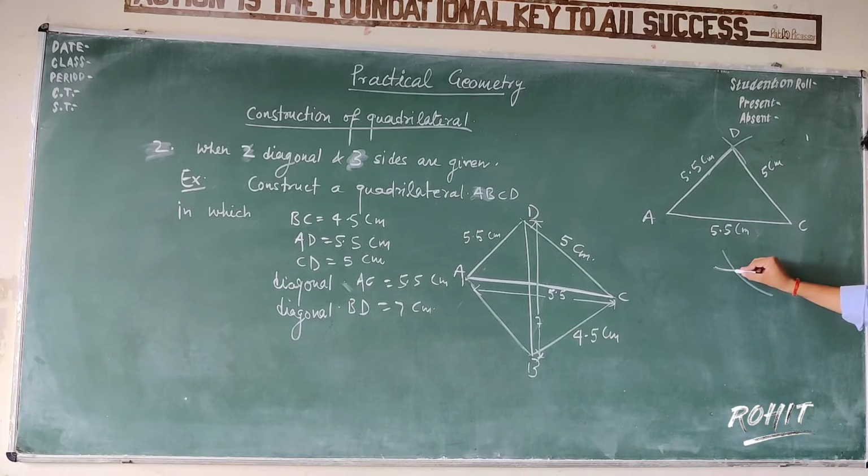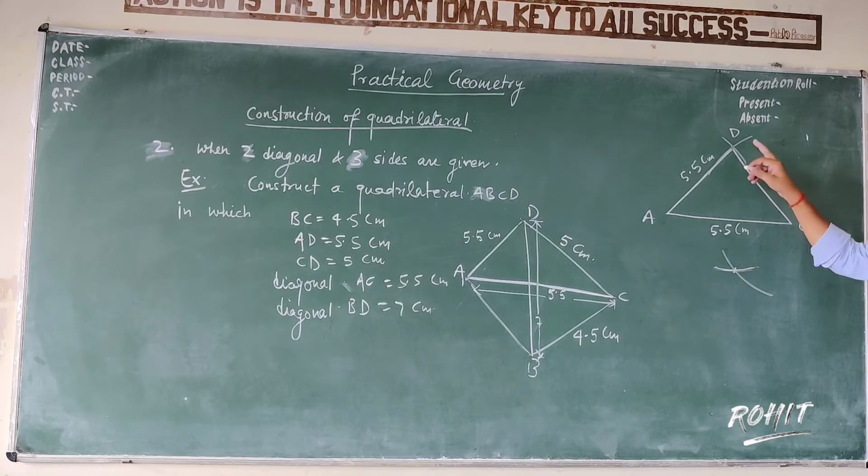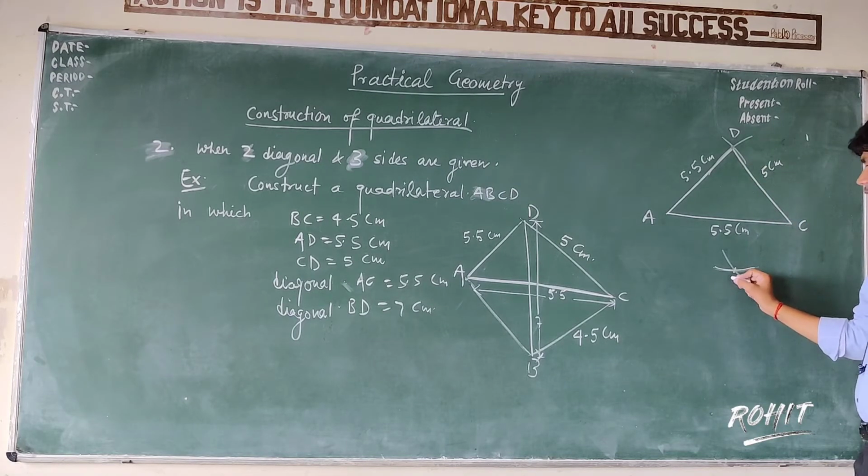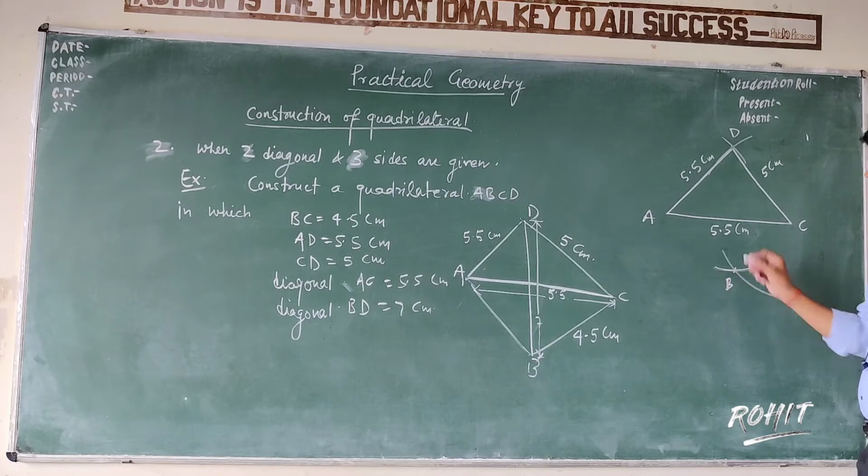Now this arc intersects the previous arc at the point B. Now join B to C, B to D.